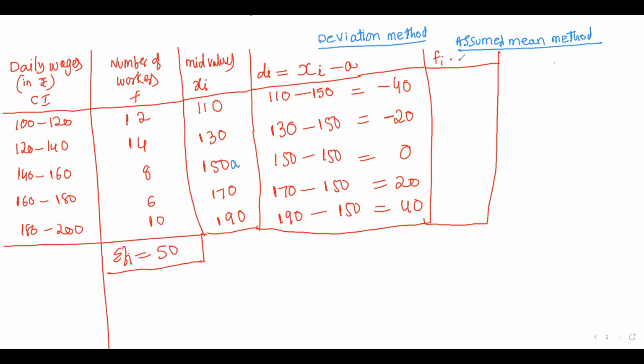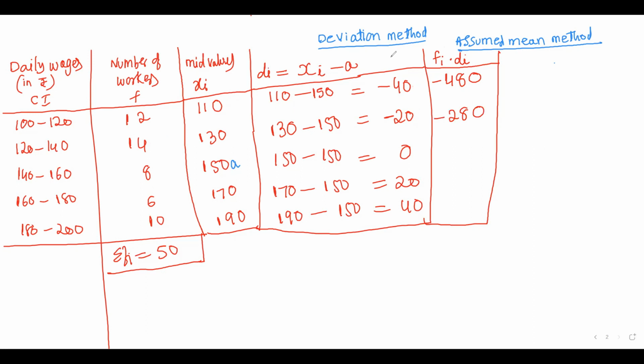fi into di. So 12 4s are 48, and 0 will come, minus 480. Okay, next, 14 2s are 28, 0 will come, minus 280. 14 20s are how much?